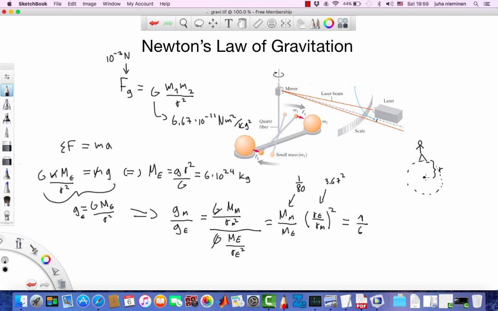We can just make this assumption that all of the mass is indeed in the center of the object in consideration. And that follows from the inverse square nature of the gravitational law. If this power had been different, we wouldn't have this kind of behavior. But if you will, in this case, we were lucky.